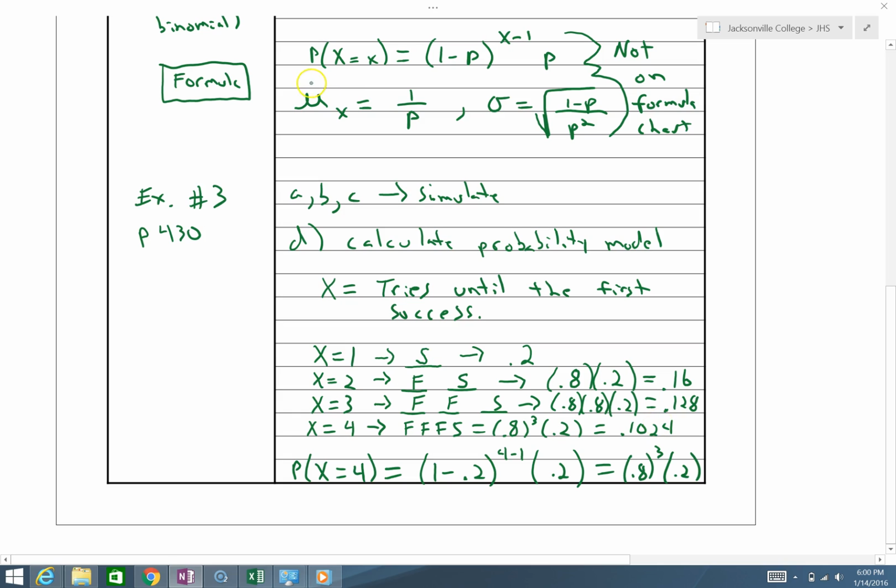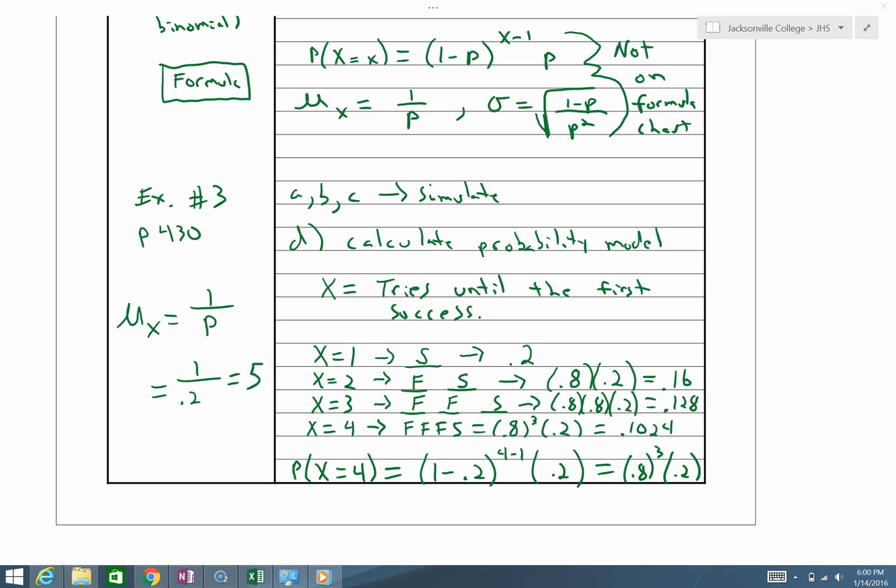Now let's see if we can find our mean or expected value. The mean of our random variable X is going to be equal to 1 divided by our probability of success. In our case, it's 1 divided by 0.2. Well, that's 1/5. 1 divided by 1/5 is 5. What we're saying is our long run average for our first success is 5.